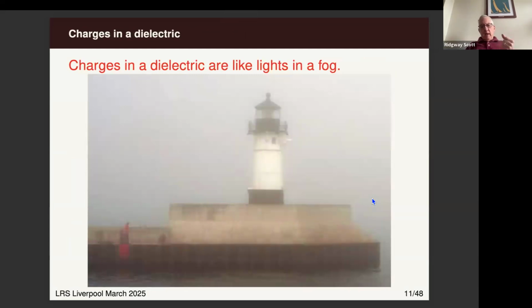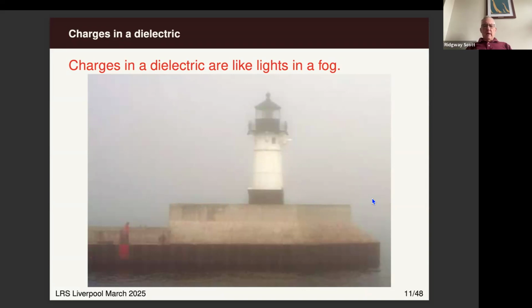Now, let me say something about dielectrics. If you've never studied dielectrics, it's certainly worth study. Water is maybe the most interesting dielectric, and I argue that water is maybe the most important molecule in biology. If you haven't really glommed onto that idea, I would be happy to talk to you more about that.